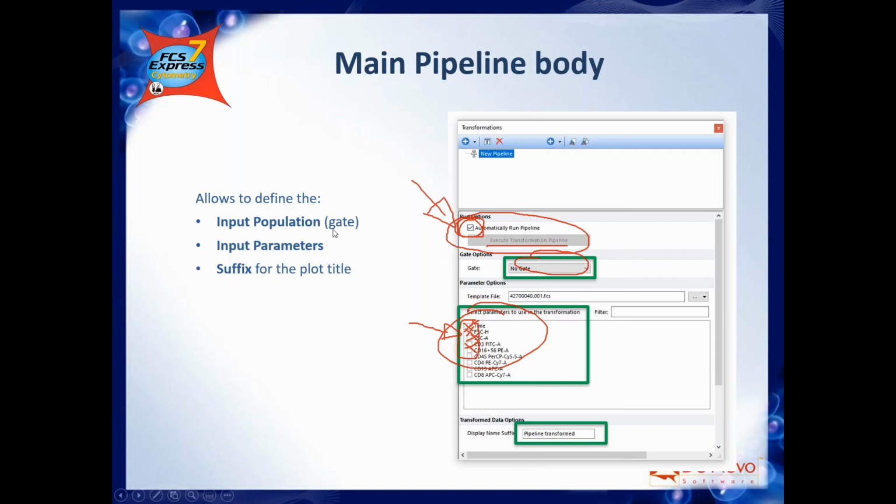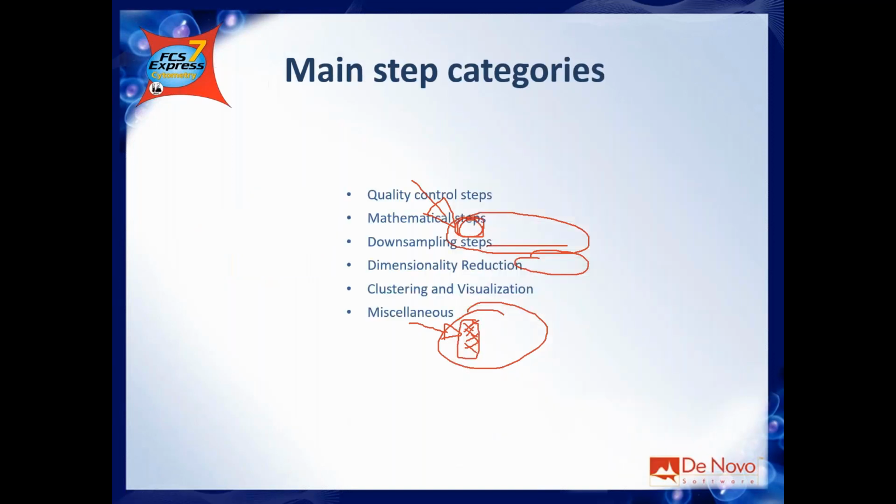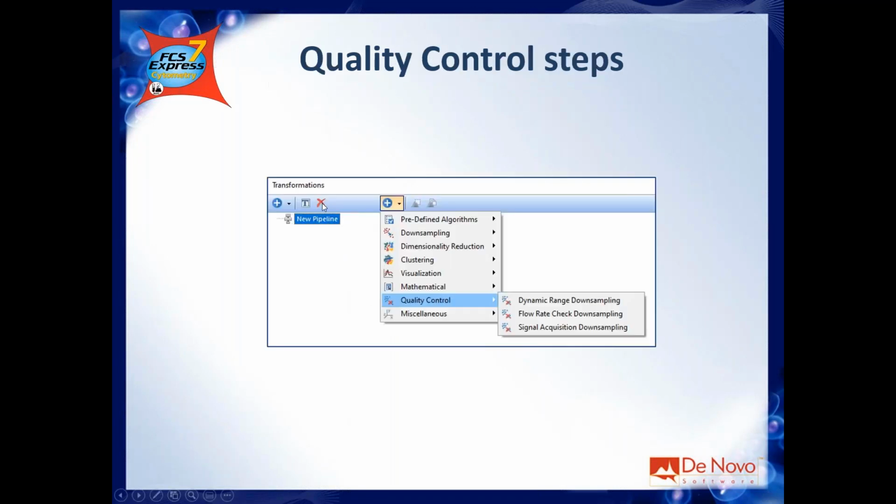It's pretty useful. There are different categories, as I said before, like quality control, mathematical, downsampling. The first example that I want to show is about quality control. These steps that you see here are there because they are part of a predefined algorithm called FlowAI, which is a very popular algorithm to perform quality control on flow data.